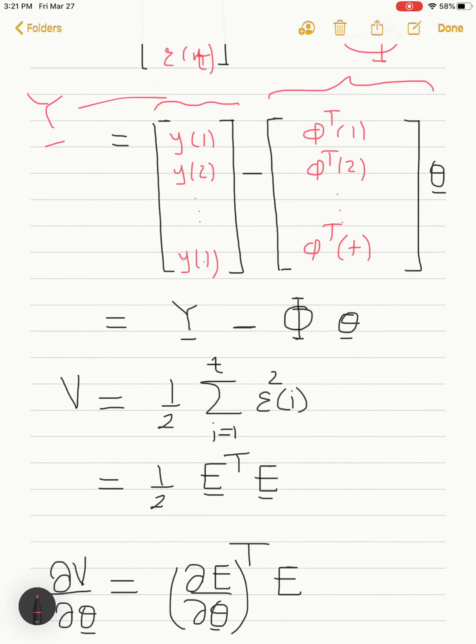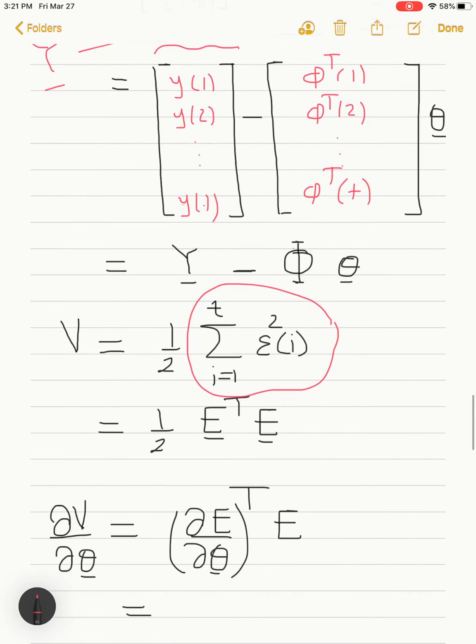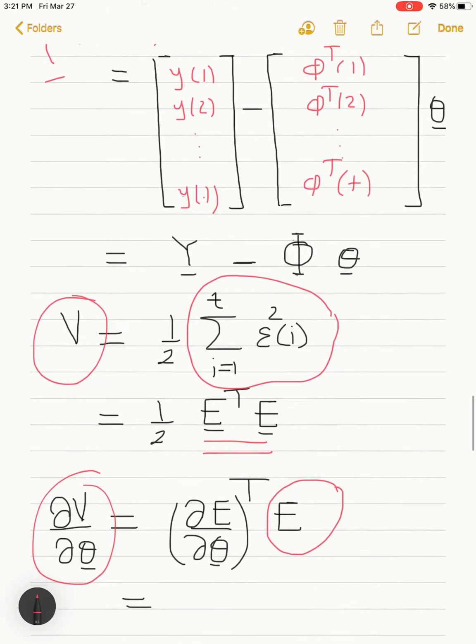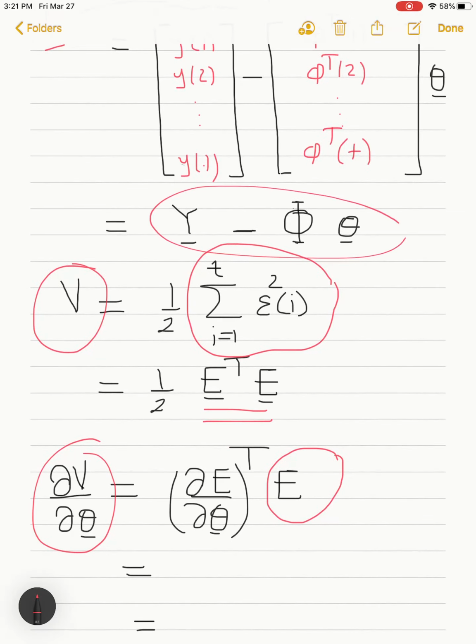Now again, this is V, and here I can substitute the summation by just the inner product of the vector E. It's E transpose times E, and then I will differentiate that function with respect to theta. This is a quadratic term, so the differentiation with respect to E would give me E, and the differentiation of E with respect to theta would give me from here minus phi transpose.